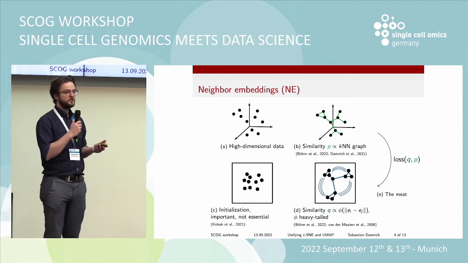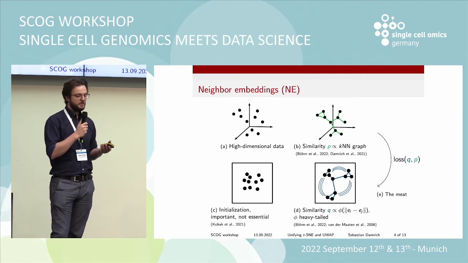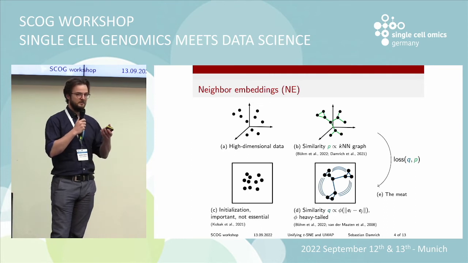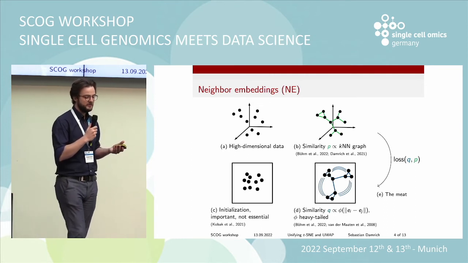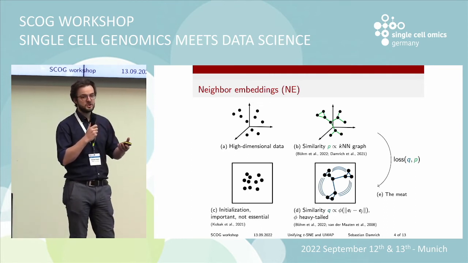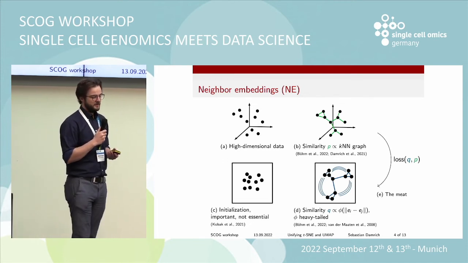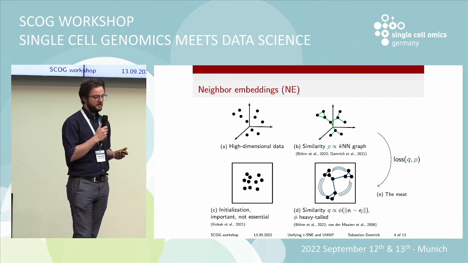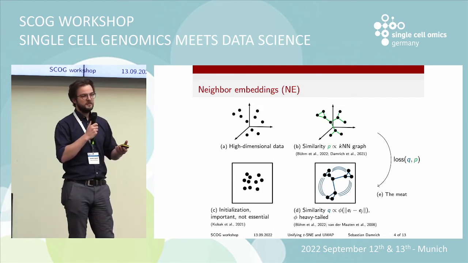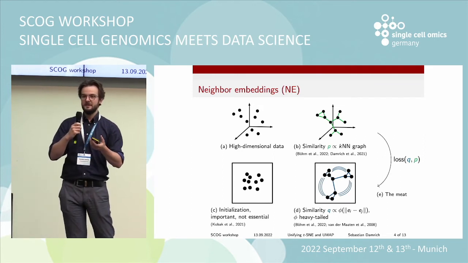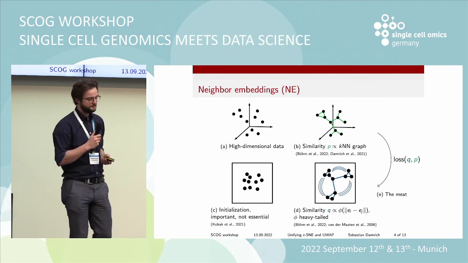Now you've got these two notions of similarity, and the main reason why these methods differ is the way you match these two distributions to each other, so the loss function. You want to match Q in some way to P, and since Q depends on the embedding positions, that means you shift around your embeddings, and in the end, you get your nice UMAP or t-SNE plot.